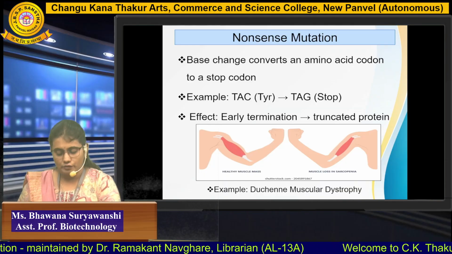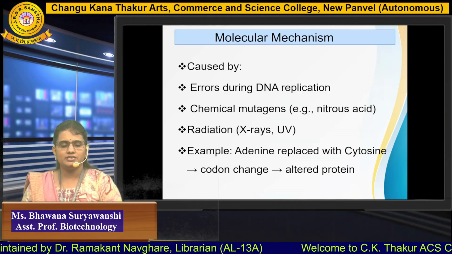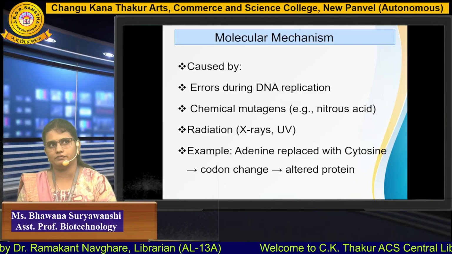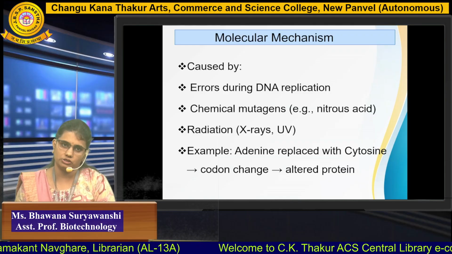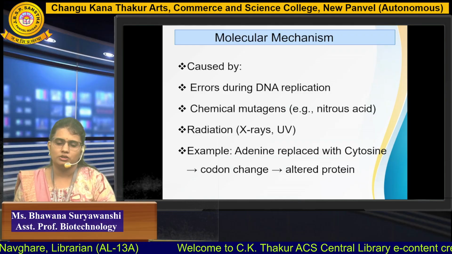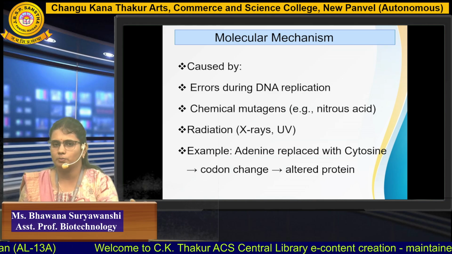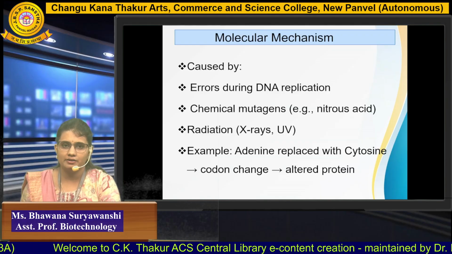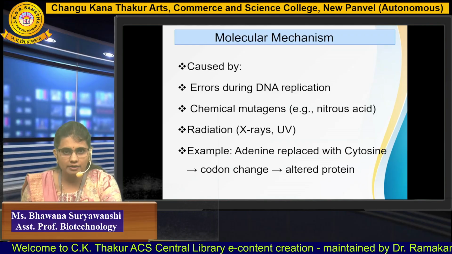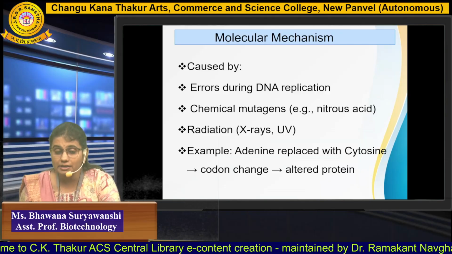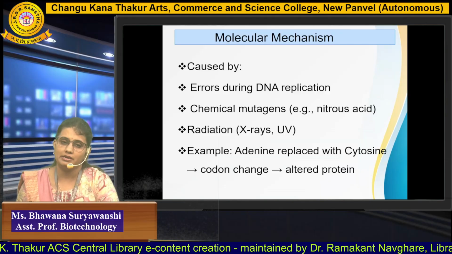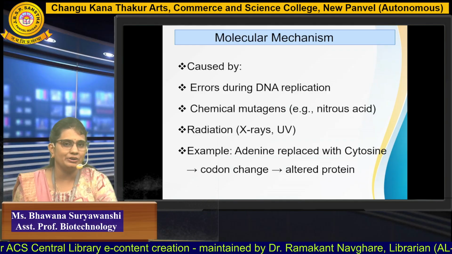Okay, so moving further, what is the molecular mechanism of this base substitution mutation, how it may be caused? They are caused by errors during DNA replication. Because DNA is replicated with utmost speed, right? There may be chances that during the replication a wrong base is incorporated.